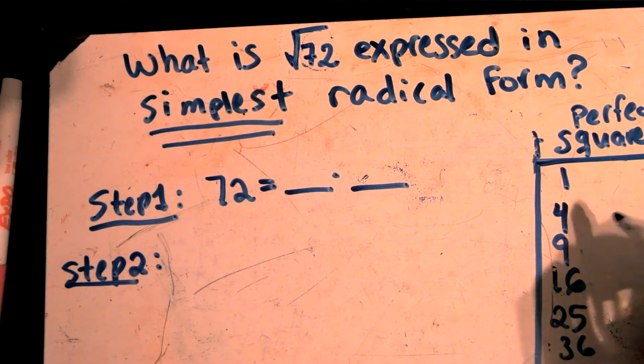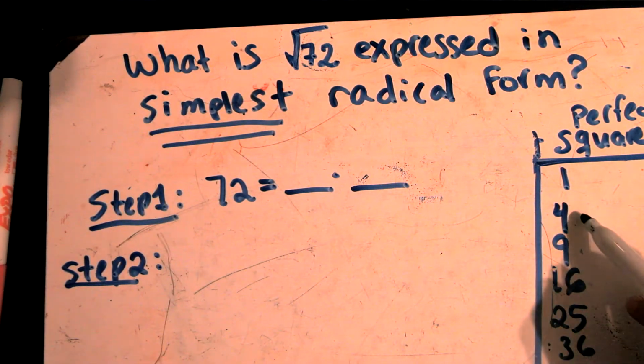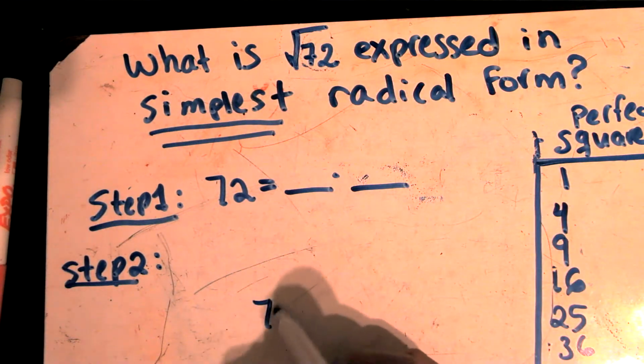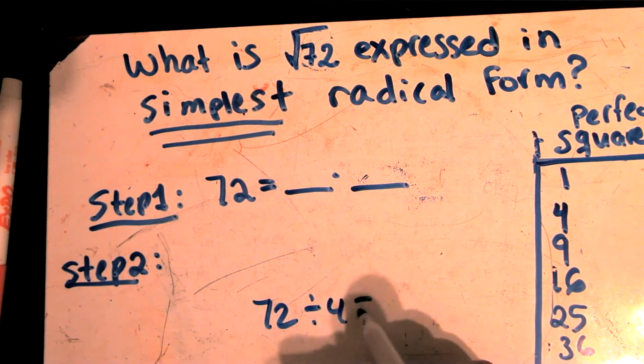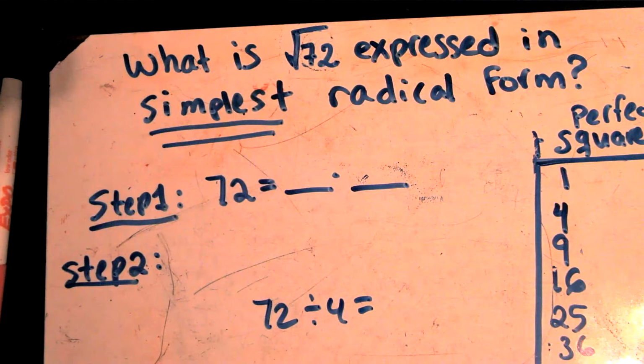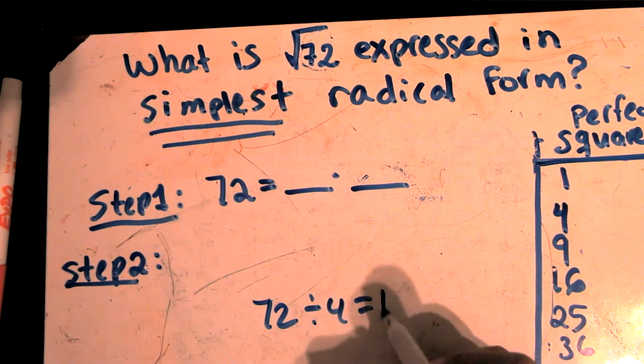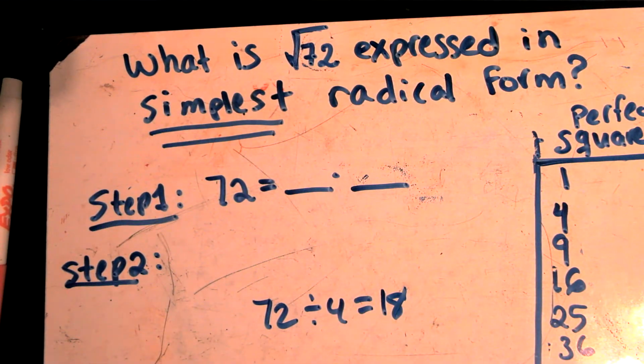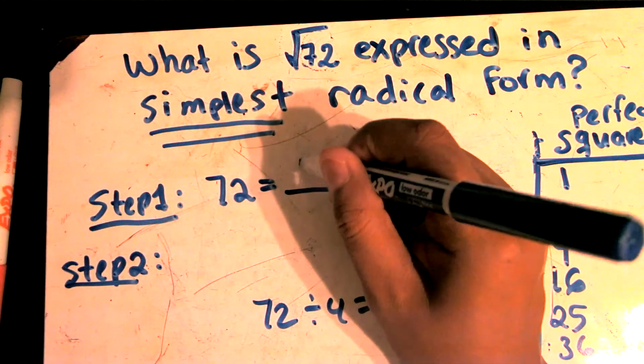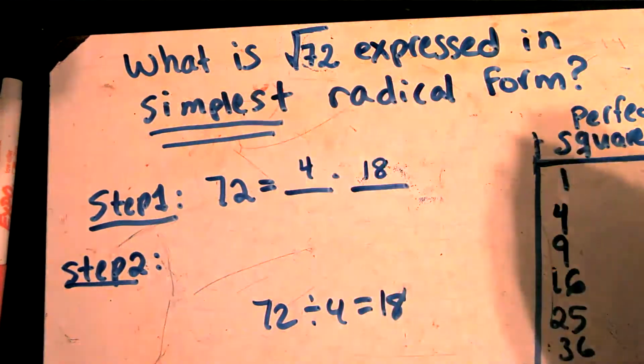Let's divide 72 by 4 and see if it gives us a whole number. If it does, 4 is a factor of 72, and it gives us 18. So 4 times 18, so 4 works.